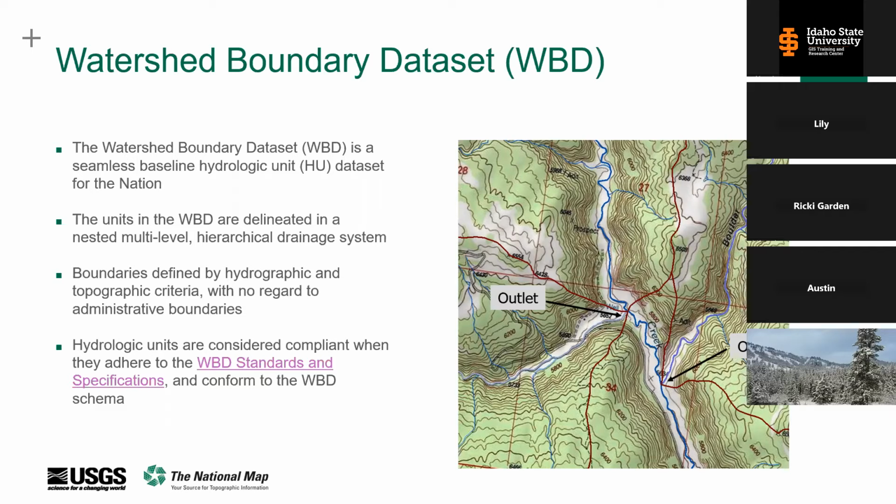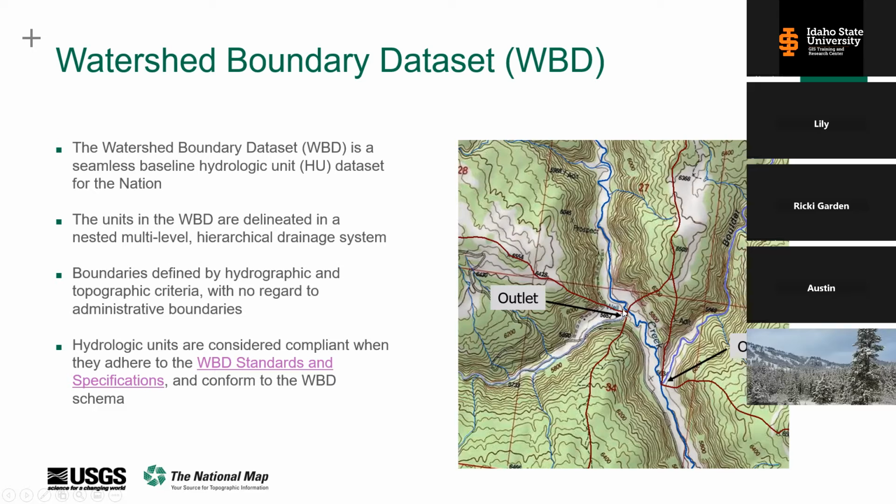Now, the boundaries in the WBD are defined by hydrographic and topographic criteria with no regard to administrative boundaries. Hydrologic units are considered WBD compliant when they adhere to the WBD standards and specifications and conform to the WBD schema.